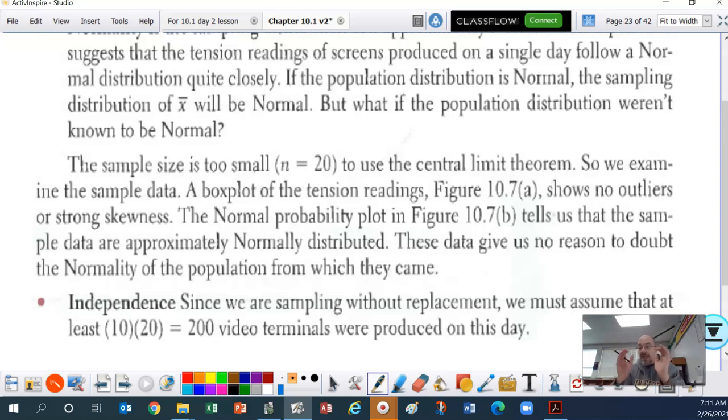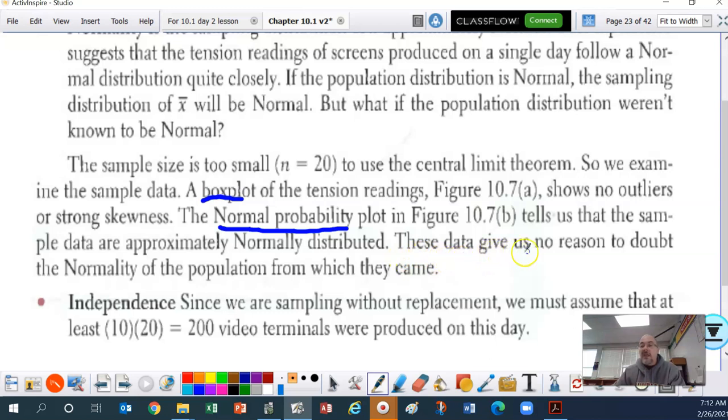So we took the data and made a box and whisker plot. Now, you don't have to do both. You pick one or the other. You can either do a box and whisker plot or a normal probability plot. It tells us the sample data is approximately normally distributed, because it's going to be fairly linear. You'll see in a second.